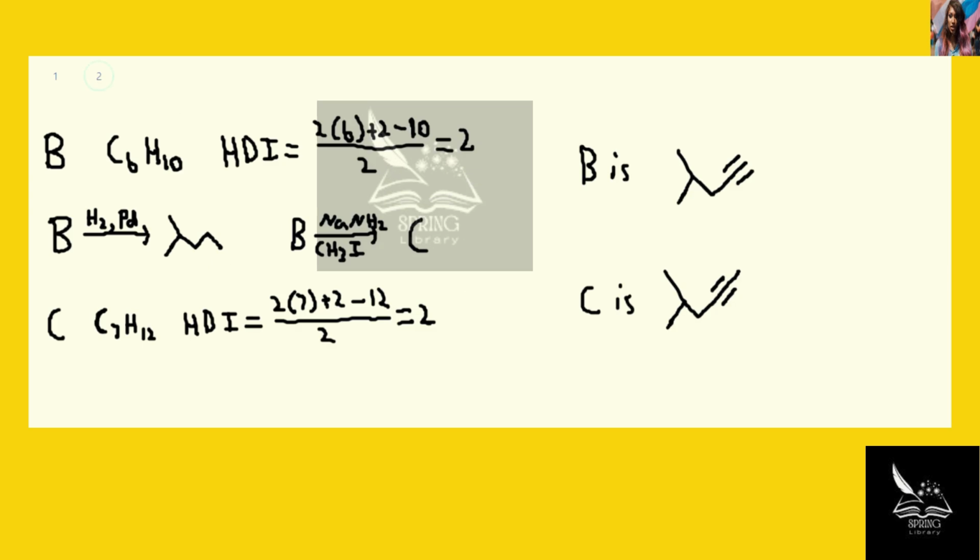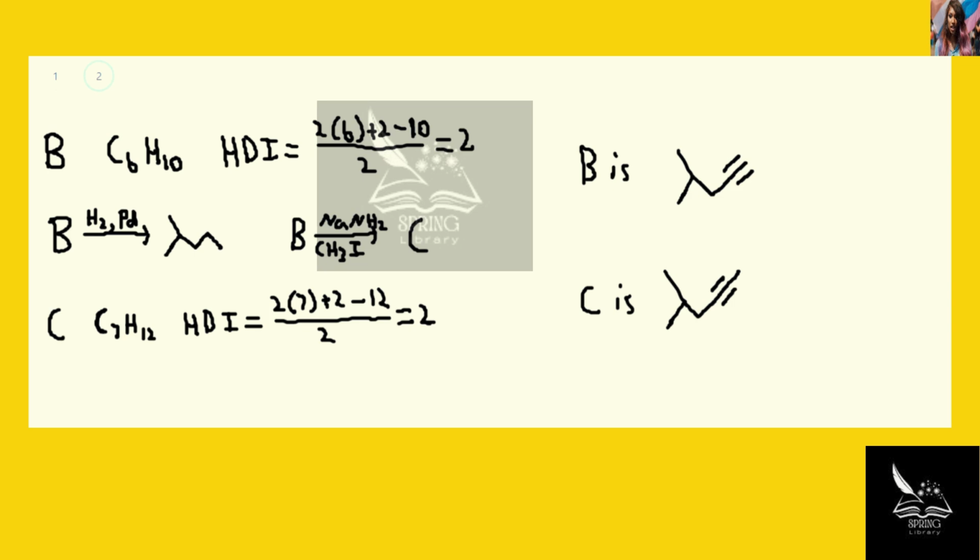So then we're asked to solve the structure of 2 molecules, B and C. The information that we're given this time is that B has a molecular formula of C6H10. We're also told that hydrogenation with hydrogen gas and palladium gives this molecule from B. So we know that this is the basic skeleton of B, but that there are probably double bonds somewhere in the molecule.